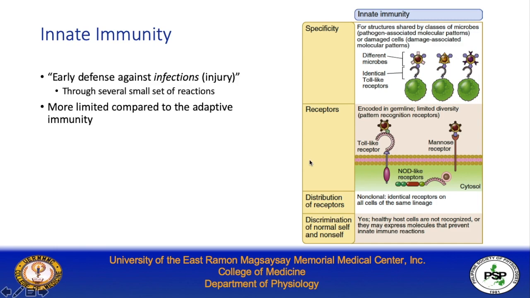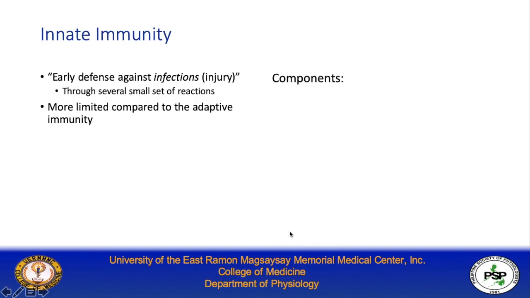The distribution of receptors is non-clonal, meaning to say it is identical for all cells of the same type. And as I've mentioned earlier, it can discriminate self from non-self. Now for the components, you have the barriers.